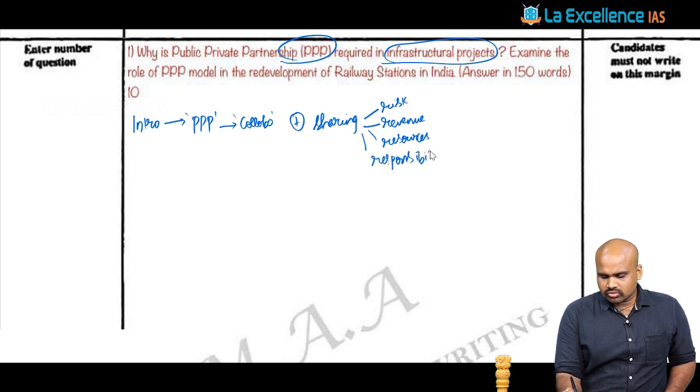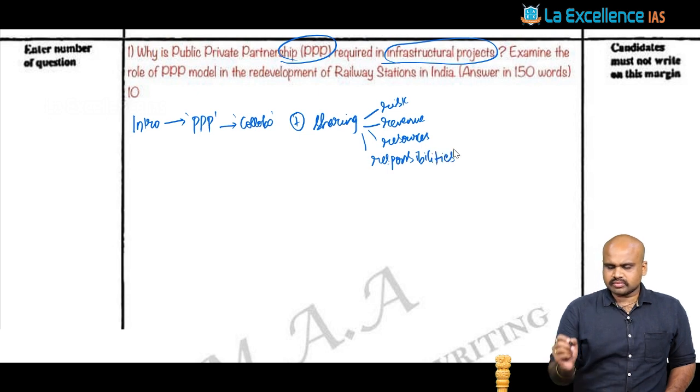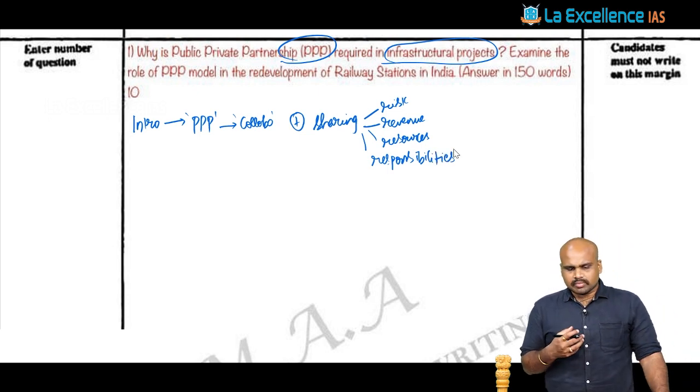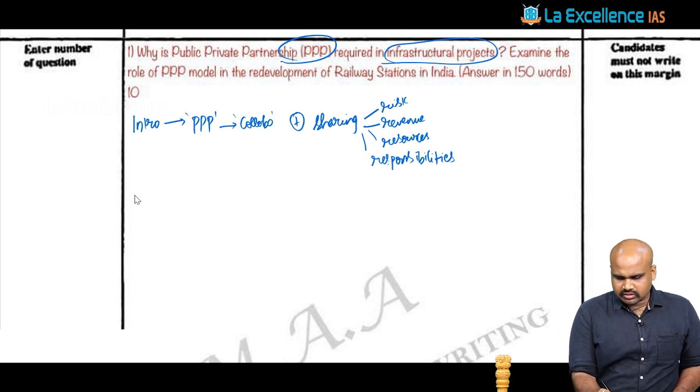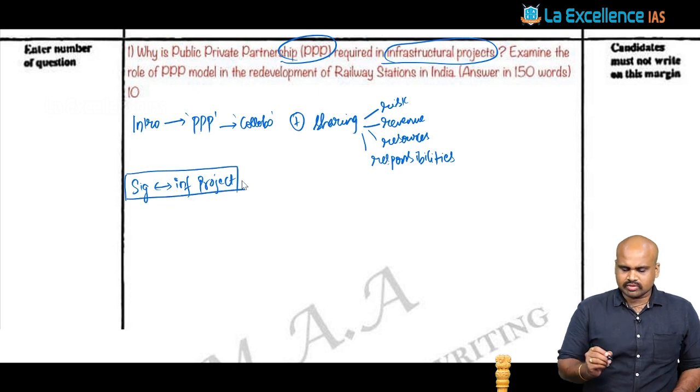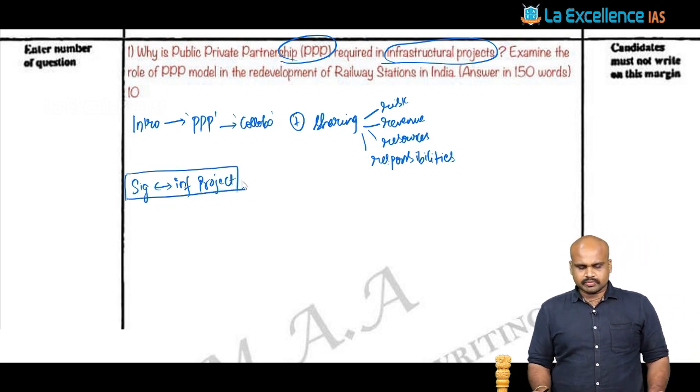Your PPP is all about this. And when you look at the significance vis-a-vis infrastructural projects, this is the first dimension which you are supposed to open up in this particular question.